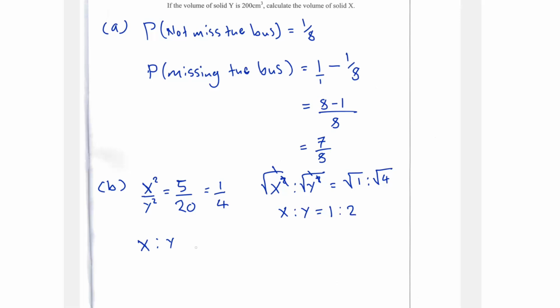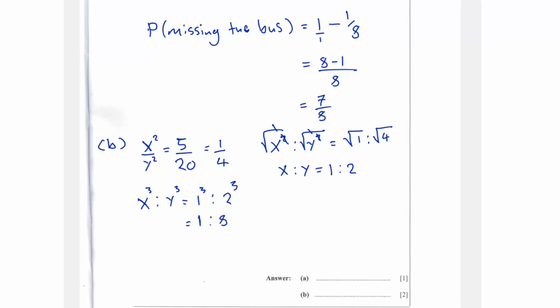So x to the power 3 and y to the power 3, and then 1 to the power 3, and 2 to the power 3. 1 to the power 3 is still 1, and 2 to the power 3, what you get is 8.